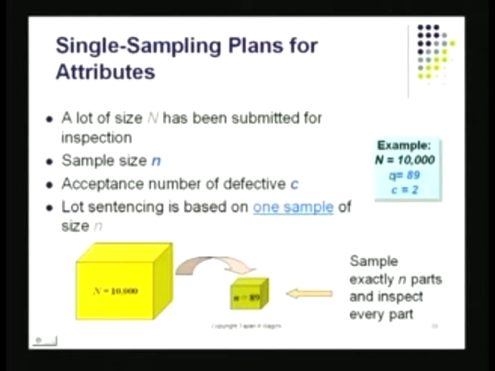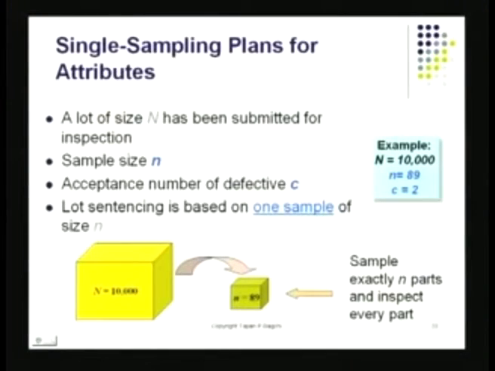And the same thing is shown out here. What I've done here is I've given you an idea of the size of the lot, that is 10,000 items. Now these would be just too many to inspect. But then I have looked at my AQL, my RQL, my consumer's risk and my producer's risk.